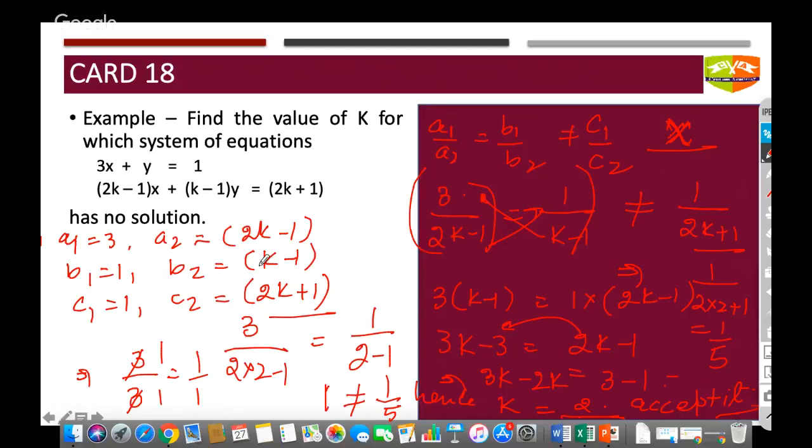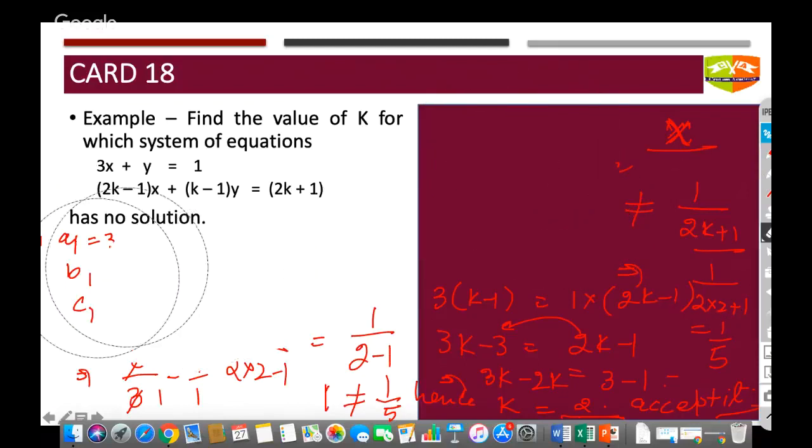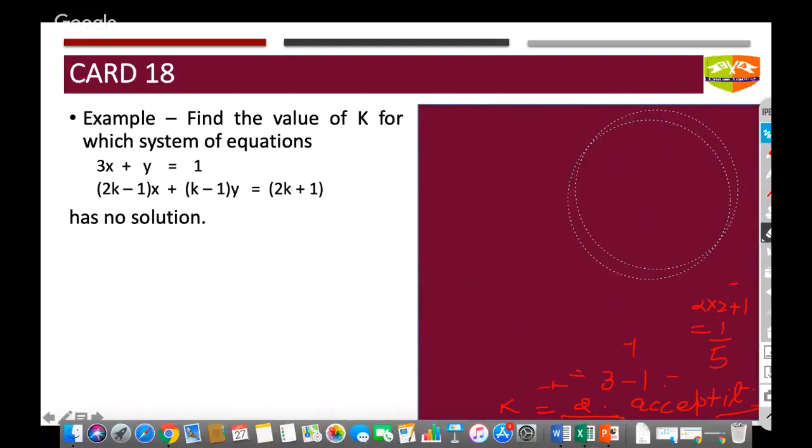Now let me take another question of this type. I have not included it here, but I would like to take that question here for better understanding of this concept.